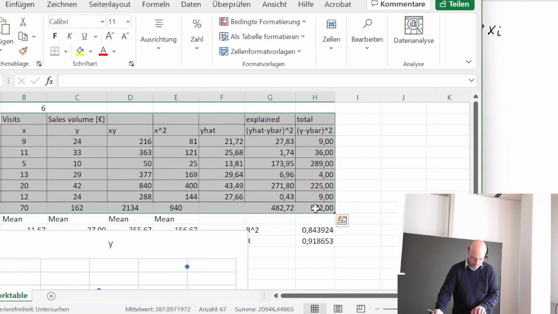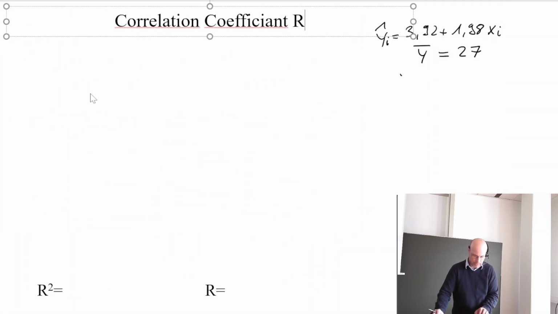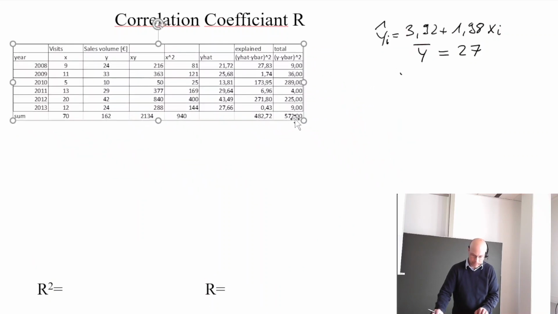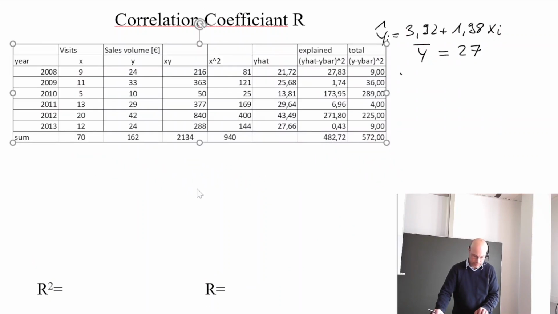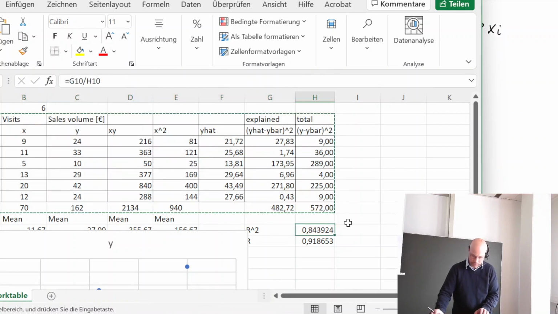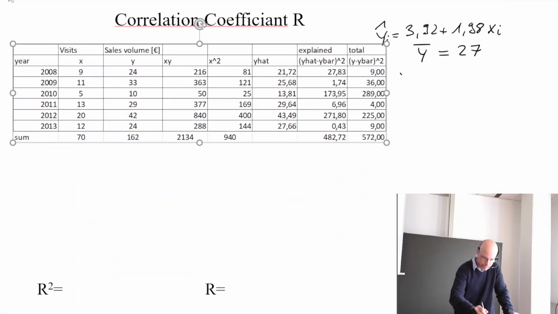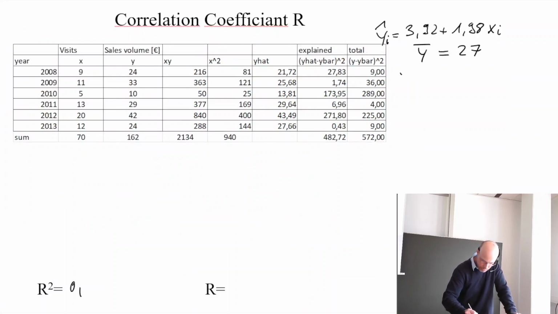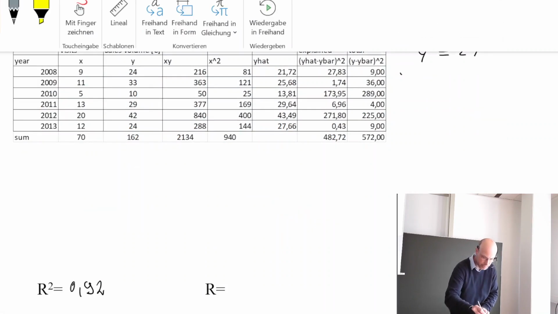So let's take this one and this in here, and as a result 0.92, no, the other way around, 0.84 of course.